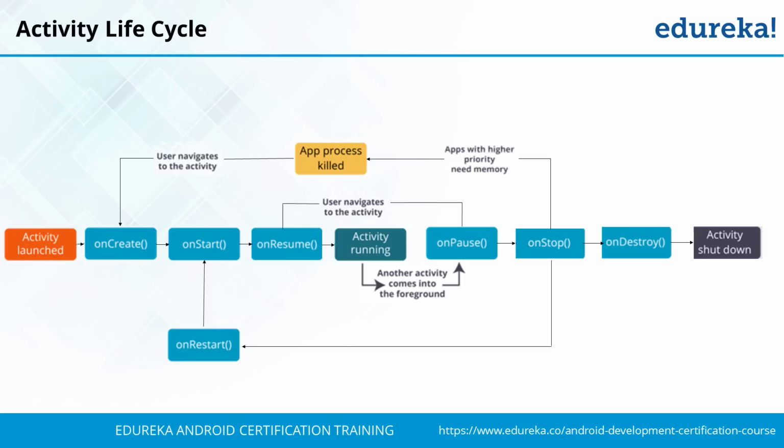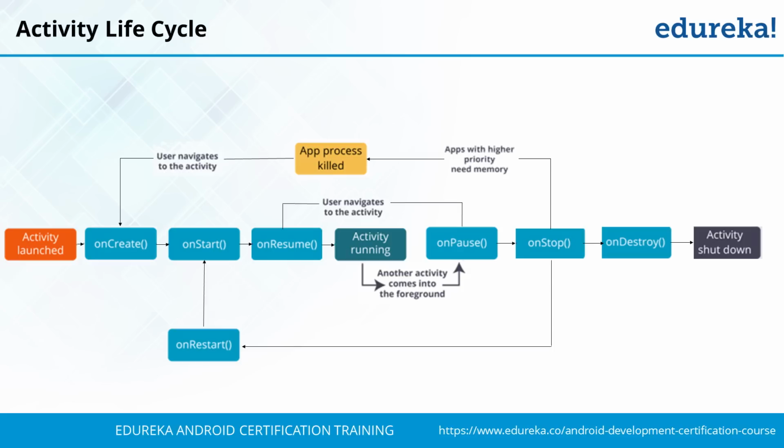So after the start, you get resume. Resume is one function call where your activity is entirely visible to the user and the user can interact with it, right? Now the activity is running, so the user is interacting with the activity and can do a lot of tasks in the UI part.